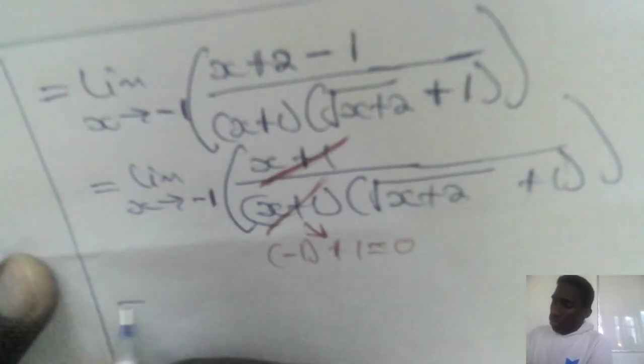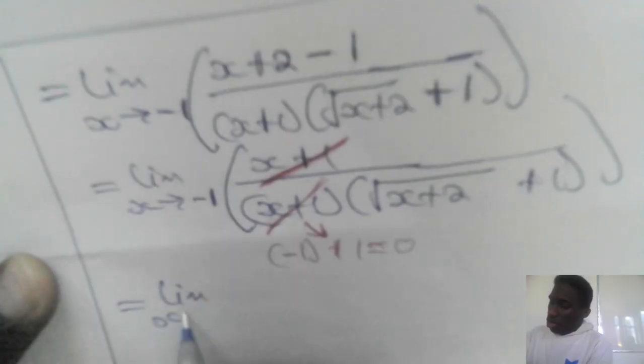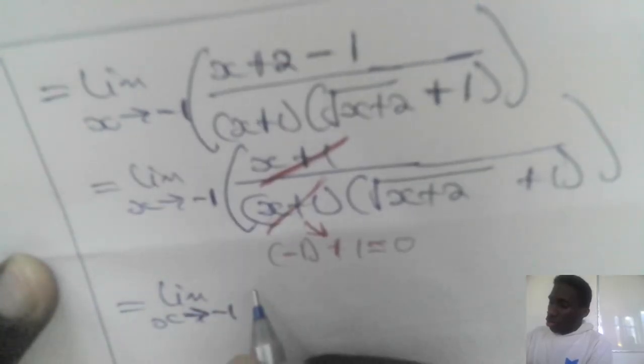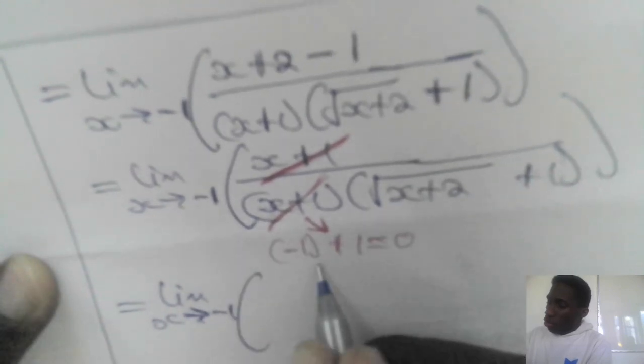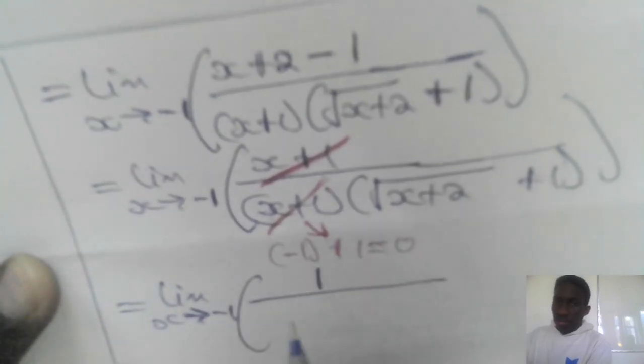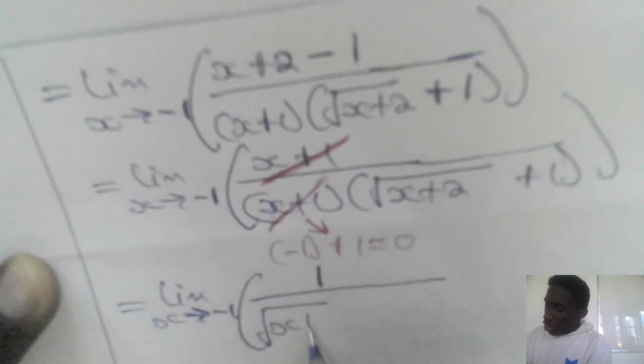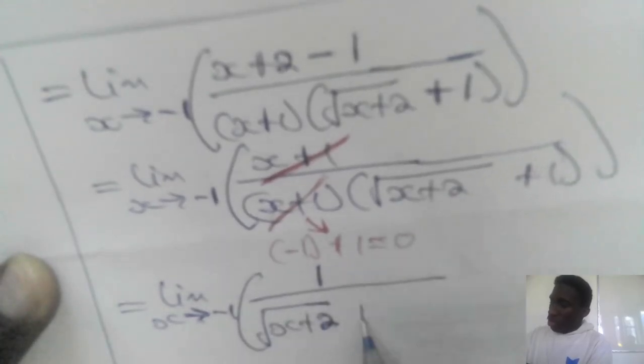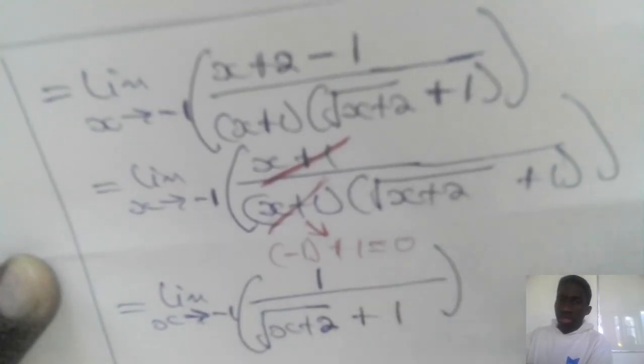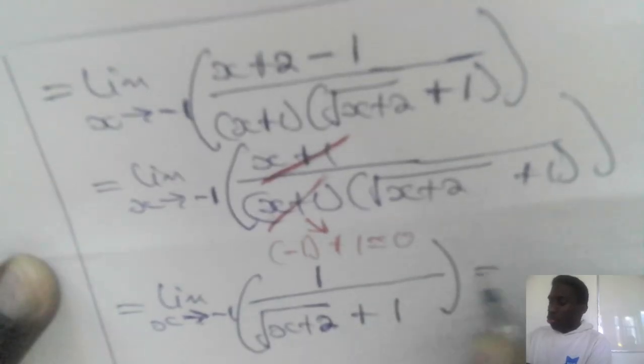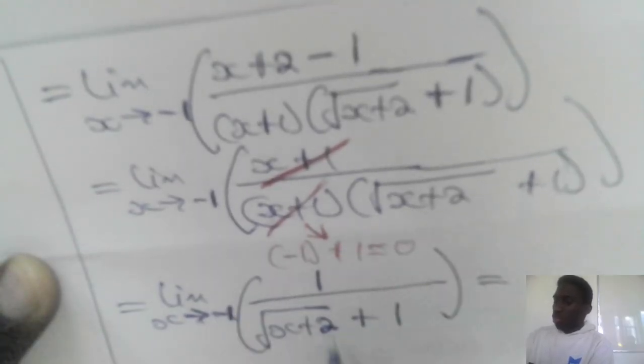So the result of that is the limit as x approaches minus 1 of 1 divided by square root of x plus 2 plus 1. Now I'm going to try again by putting in minus 1 wherever I see x.